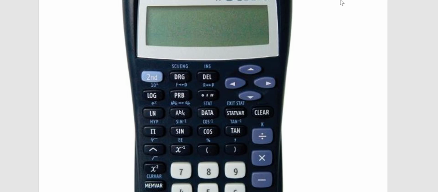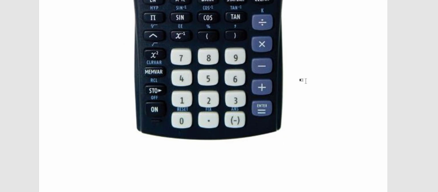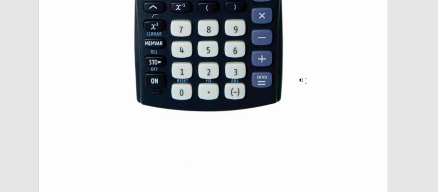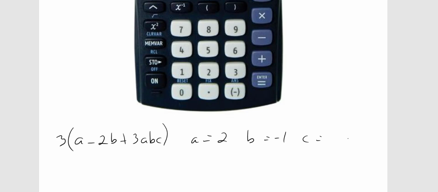So if I look at one of the homework problems, let me move this down a little bit. I don't need to show you the calculator anymore. One of the problems in your homework looks like this: 3 parentheses a minus 2b plus 3abc, and a is 2, b is -1, and c is -2.